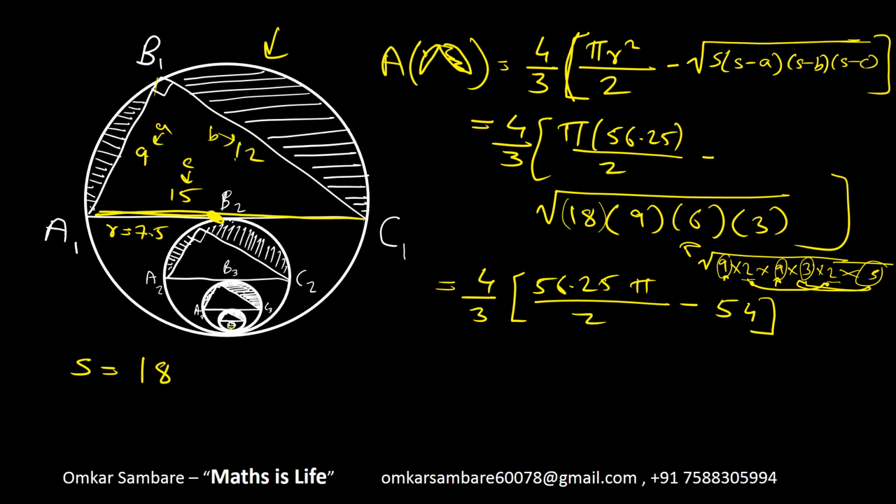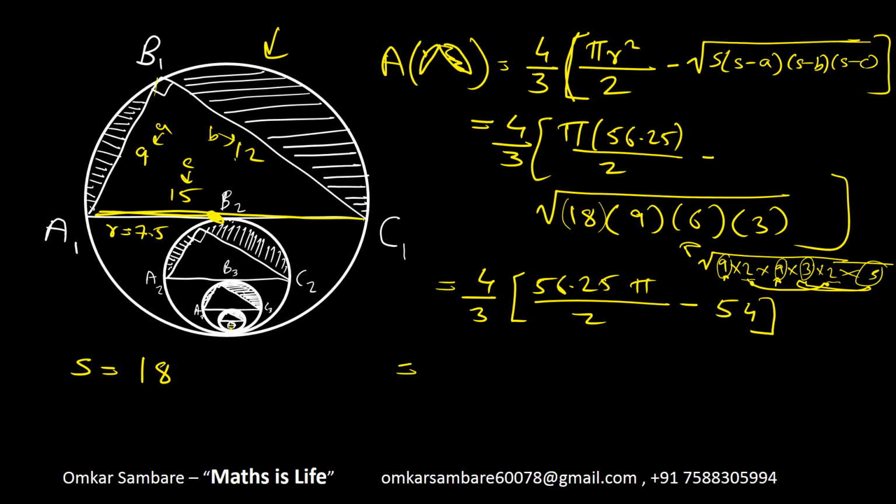Okay, now we have to simplify this again. Let's multiply everything by 4 by 3. So 56.25 into 4, what will it be? It is 225, and divided by 3.